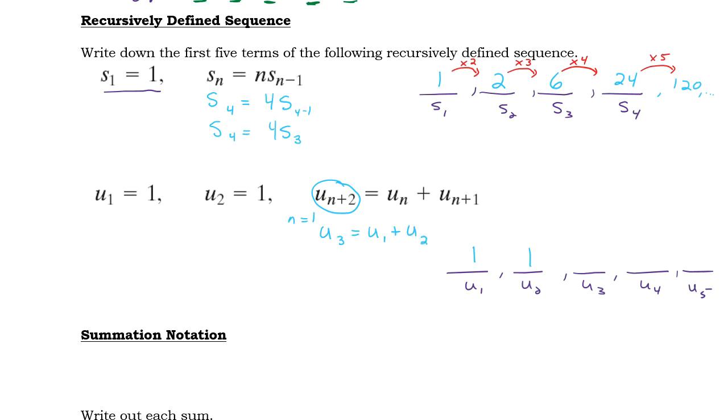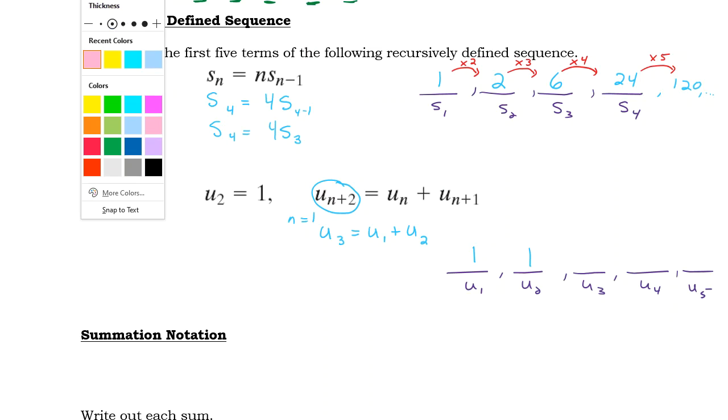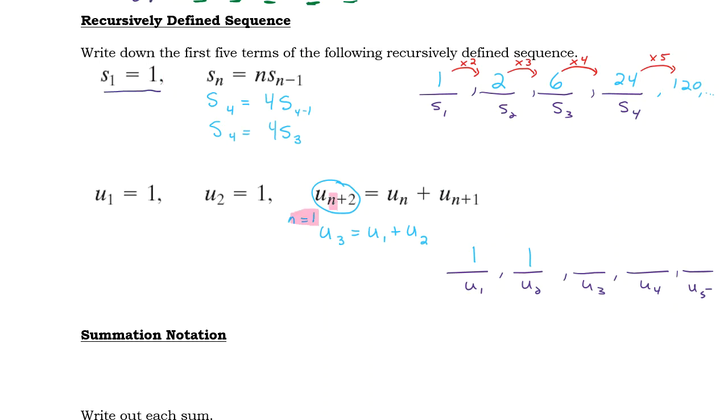I put 1 where all these n's are. So what is that saying? Well, that's saying the third term equals the sum of the first 2 terms. So that means that u3 is 1 plus 1, or 2. All right, let's let n equal 2.